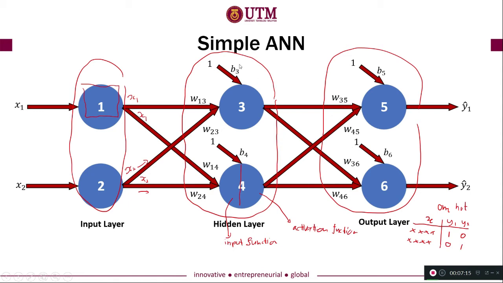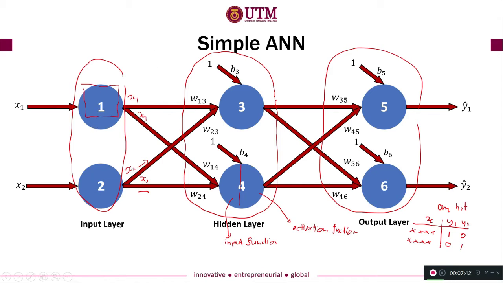And then you can see that in my example, I did not neglect the bias, the b there. So the b exists, that's why there's a b there. So b3 is the bias of node 3, b5 is the bias of node 5, and again we don't have a bias in node 1 and 2 because these are not neurons.